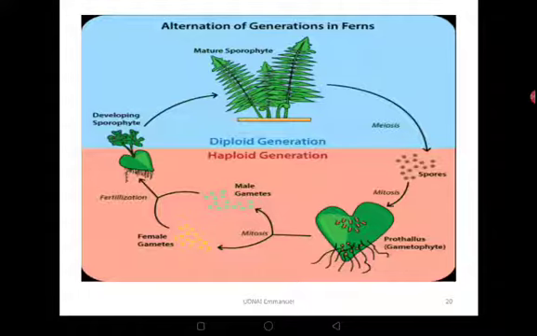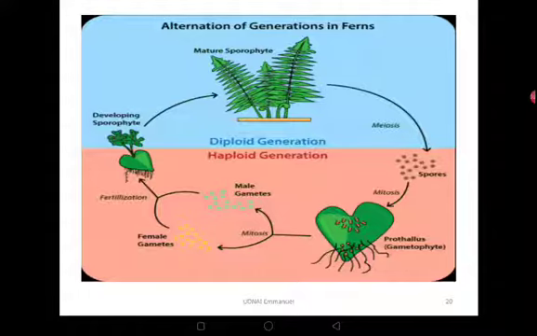That prothallus will grow, will increase in size, although not so big, and it will bear the antheridia and the archegonia. It will bear the male gamete producing organ called antheridia, and a female gamete producing organ called the archegonia.